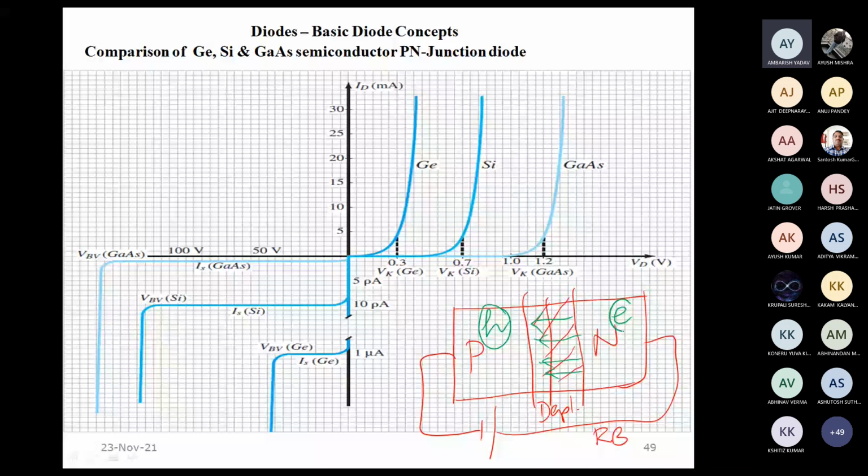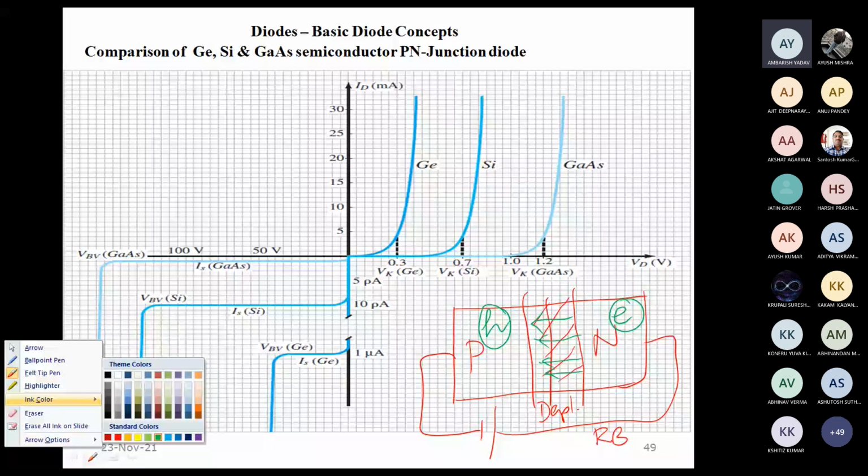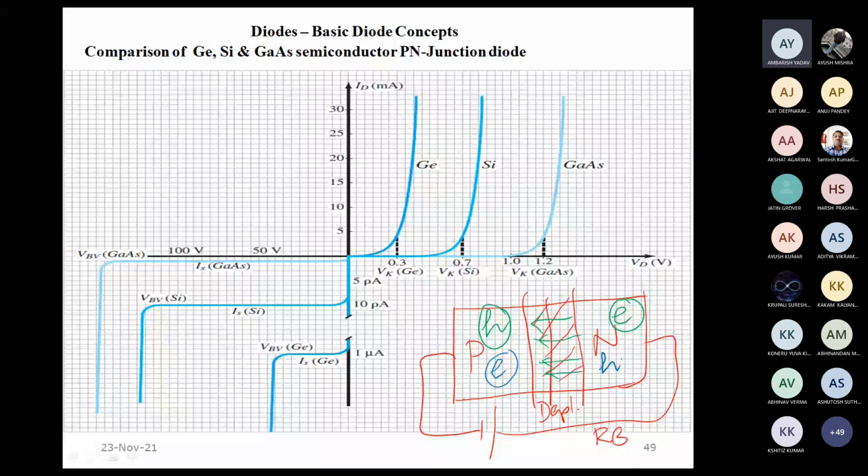But if we talk about the minority charge carriers, that is electrons in the P side and holes in the N side, they also randomly move here and there. They may come into contact with this region and may be swept across it. So one cause may be due to this, and there is another cause also.